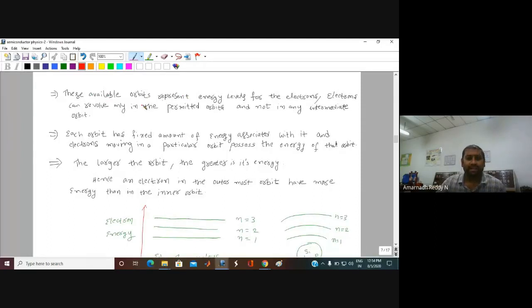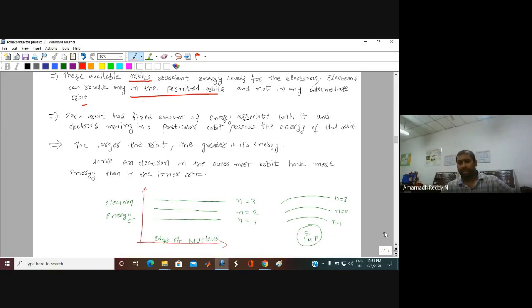These available orbits are shells, so shells represent energy levels for the electrons. Electrons can revolve only in the permitted orbits and not in any intermediate orbit. It is only permitted to revolve in that particular orbit.